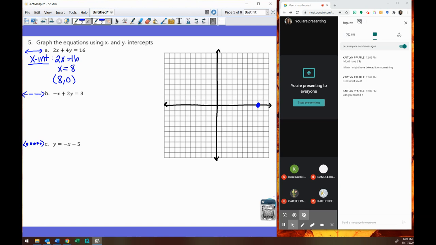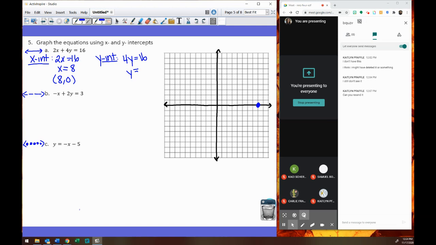Then you look for the y-intercept. Again, we like it because it falls somewhere here. X is always 0 here. So if I plug in a 0, 2 times 0 just goes away. So then I can just ignore it. So then my equation just turns into 4y equals 16. Again, it becomes very quick and easy to solve. What does your y value have to be?